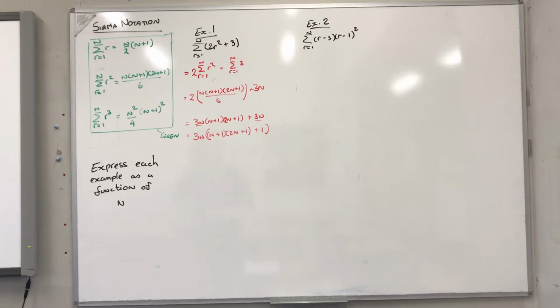So we've got the sum from 1 up to n of r minus 3, r minus 1 all squared. So I am going to do that now. I'm just going to break everything out and then see what happens.